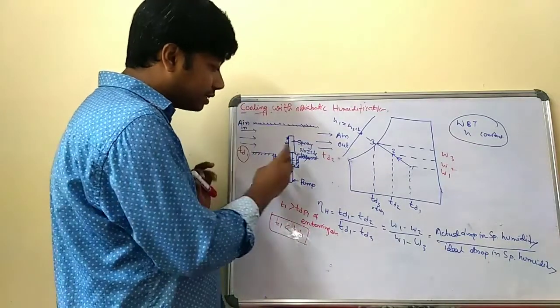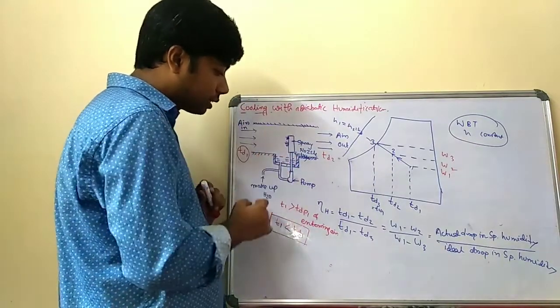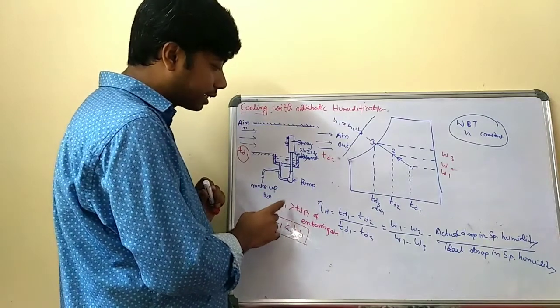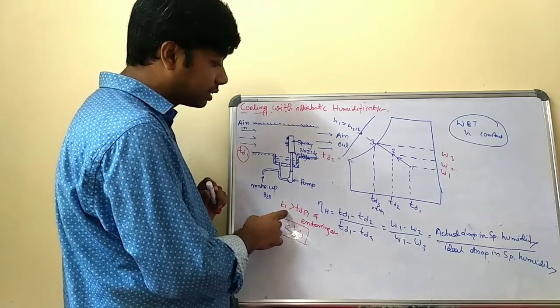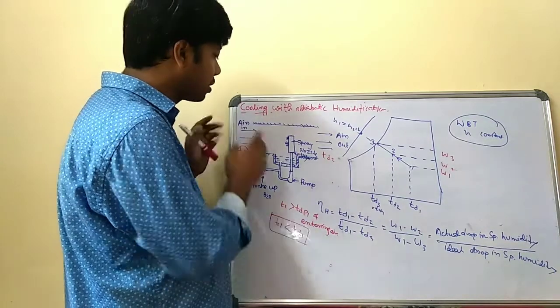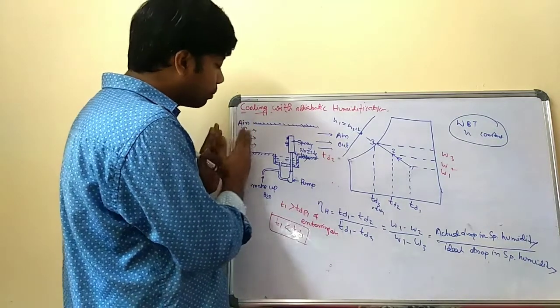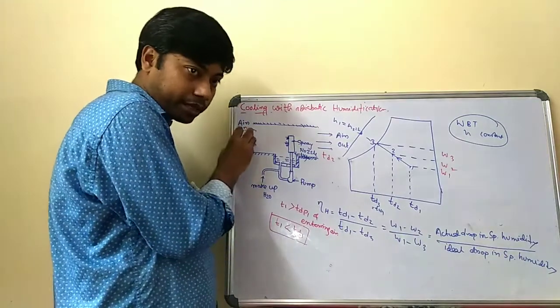The condition is that the temperature of the spray nozzle water, T1, should be greater than TDP1, the dew point temperature of the entering air. There is some dew point temperature for that particular air.